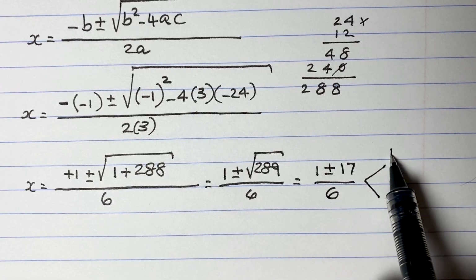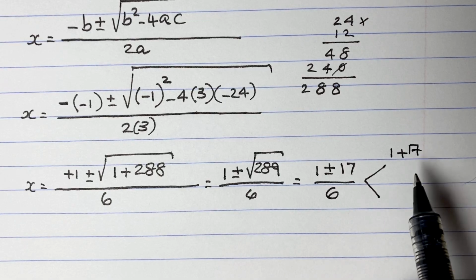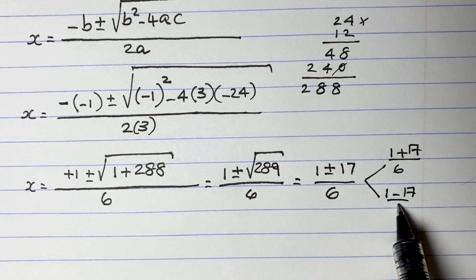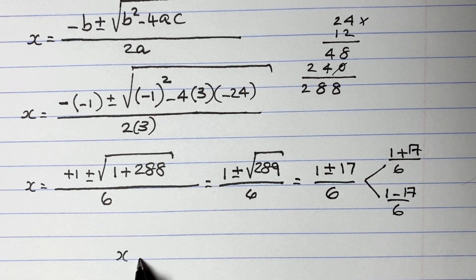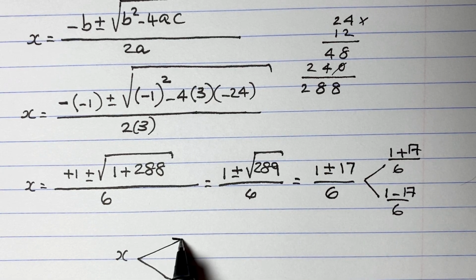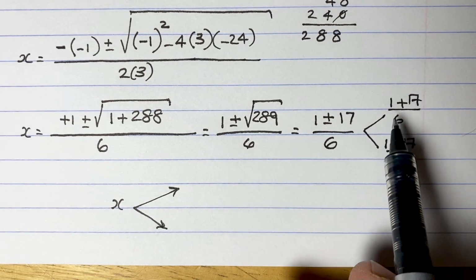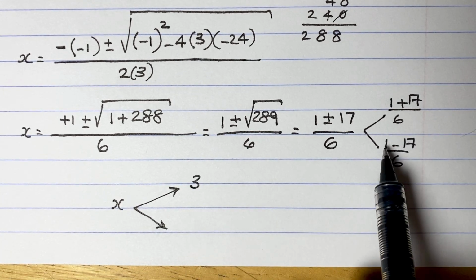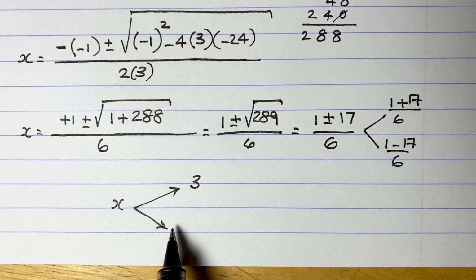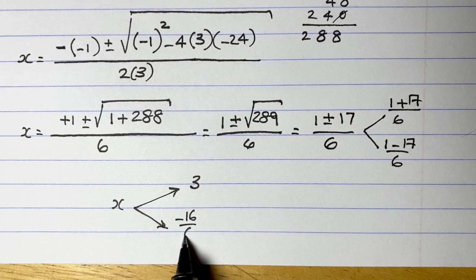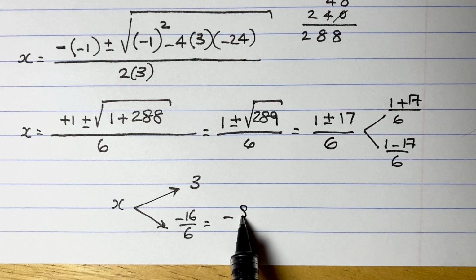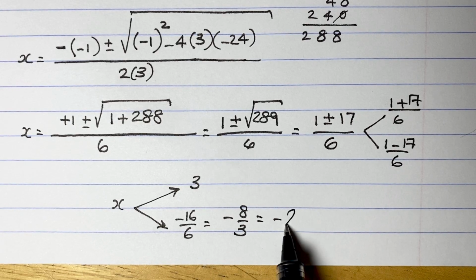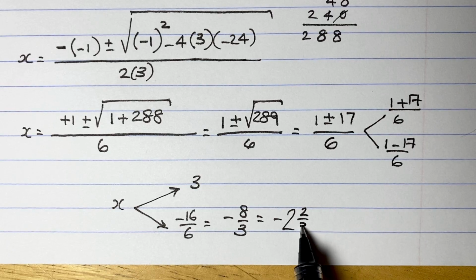So it's either 1 plus 17 over 6 or 1 minus 17 over 6. So we have two values for x. 1 plus 17, that's 18, divided by 6 is 3. And here 1 minus 17 is minus 16 over 6, which is, dividing by 2, minus 8/3, which is minus 2 and 2/3.